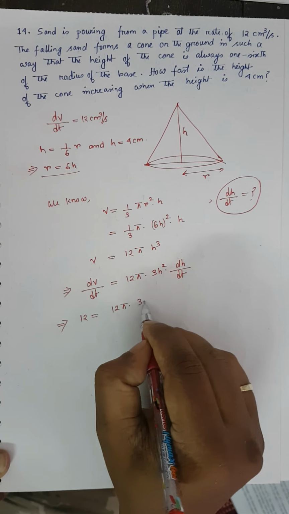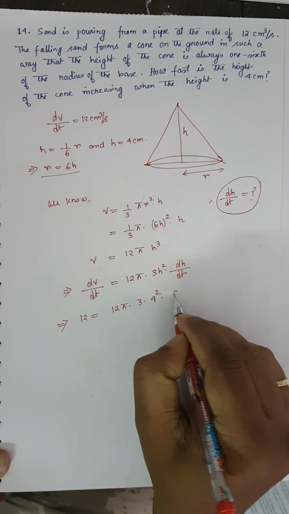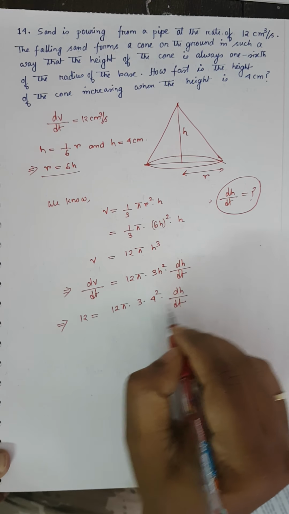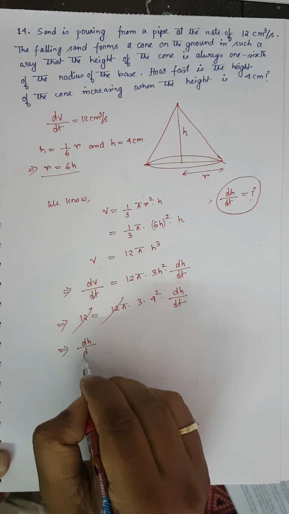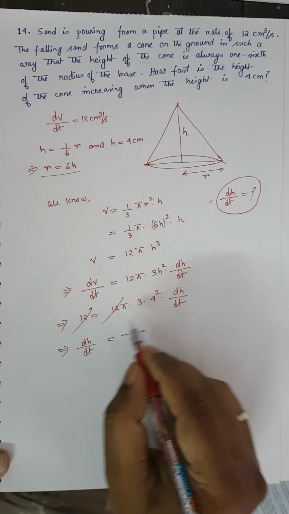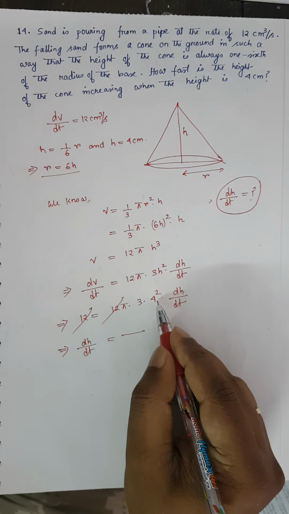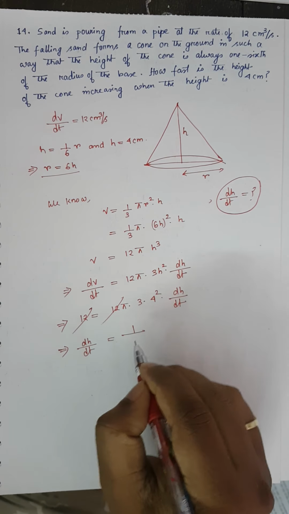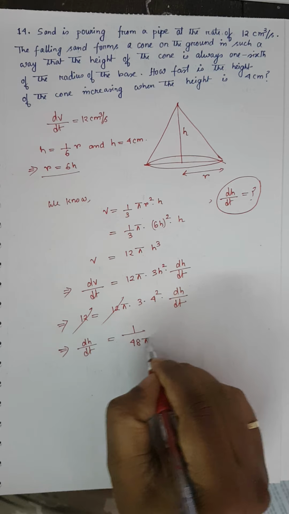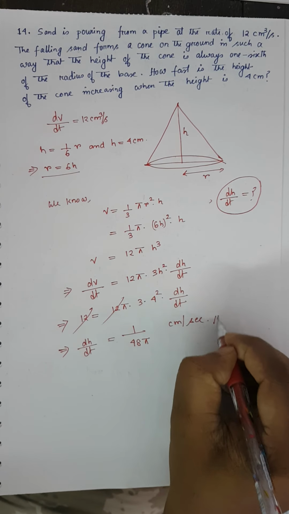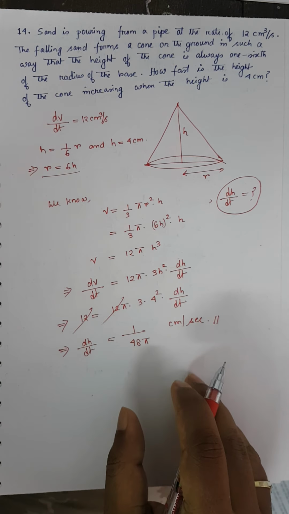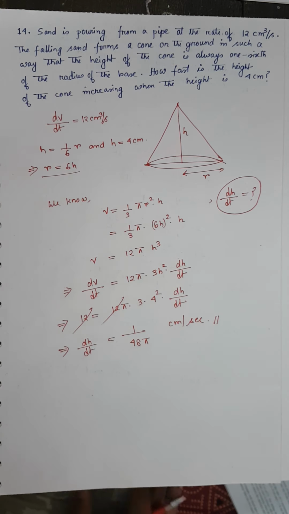The value of h is 4, so it is 4 square dh by dt. 12 cancel, hence the value of dh by dt will be, after calculation, 16 into 3, 48 into pi, 1 by 48 pi centimeter per second. This is the rate at which the height of the cone is increasing.